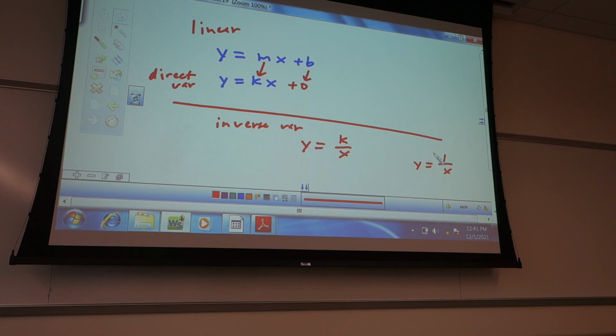So this is not 1. Or it's the same thing, only it's just not 1. You know, it could be 1, but it could be any number, right? So it's not restricted to being just 1.